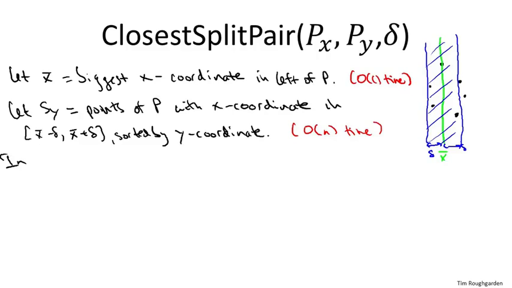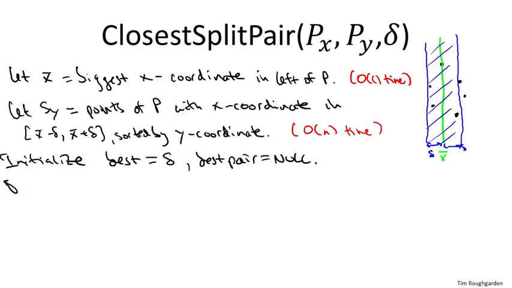As we do the scan, we're going to keep track of the closest pair of points of a particular type that we've seen so far. So let me introduce some variables to keep track of the best candidate we've seen so far. There's going to be a variable best, which we initialize to be delta. Remember, we're uninterested in split pairs unless they have distance strictly less than delta. And then we're going to keep track of the points themselves, so we'll initialize the best pair to be null.